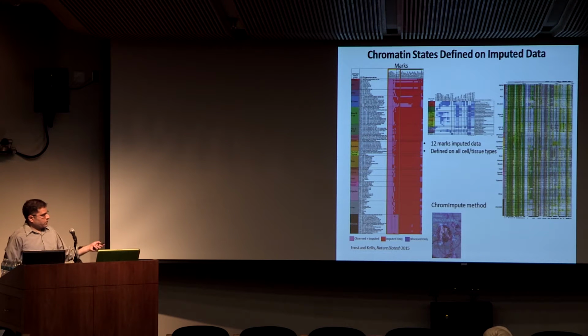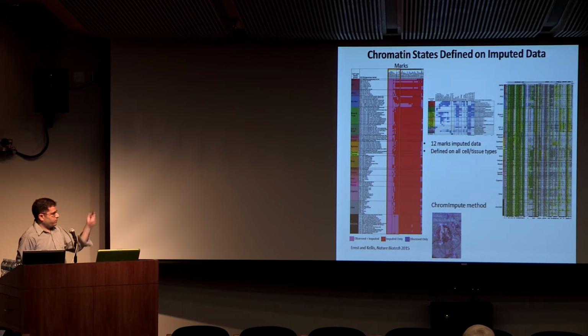But I had developed an alternative strategy, which I won't have time to go into, but it's published, so you're welcome to read it on your own. The idea was, given that we had this incomplete compendium, could we computationally fill in these missing experiments, leveraging the fact that we've seen other marks in that same cell or tissue type, and we've seen that mark in other cell and tissue types.